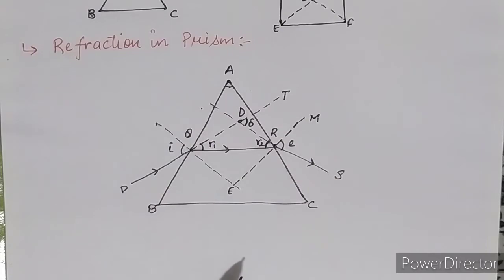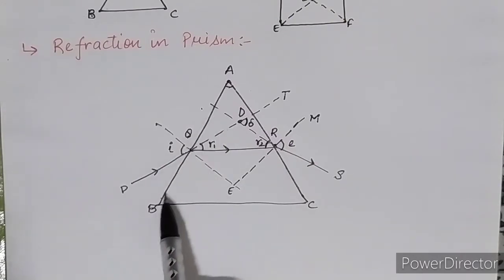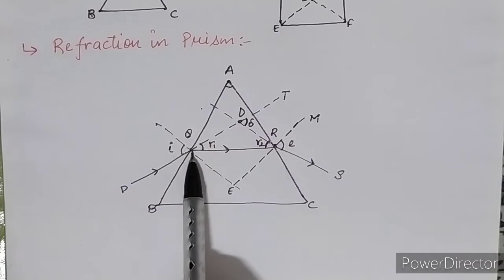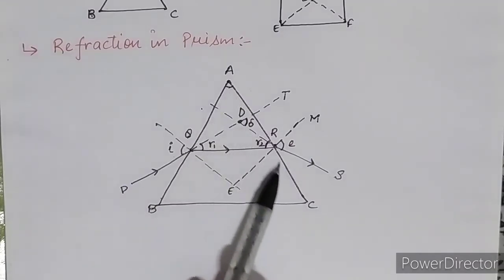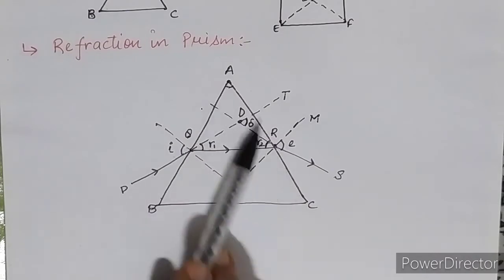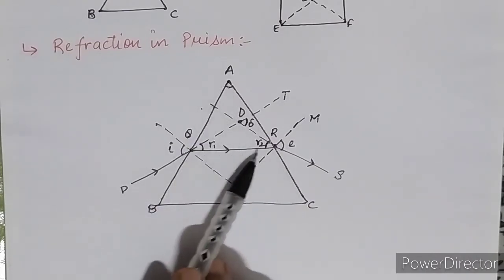Similarly, moving ahead, the angle of incidence is your I, and the angle of refraction at the first face is your R1. Now this angle R2 behaves like the incident angle for the plane refracting surface AC. This will be your R2.